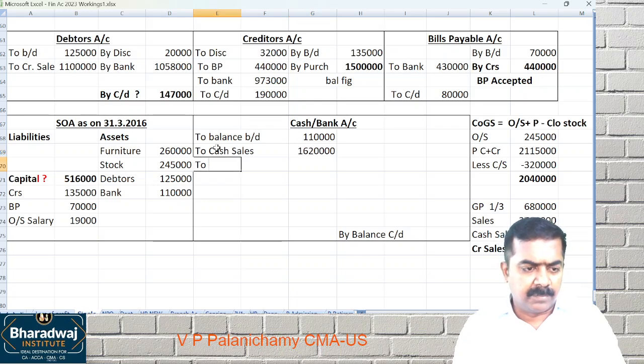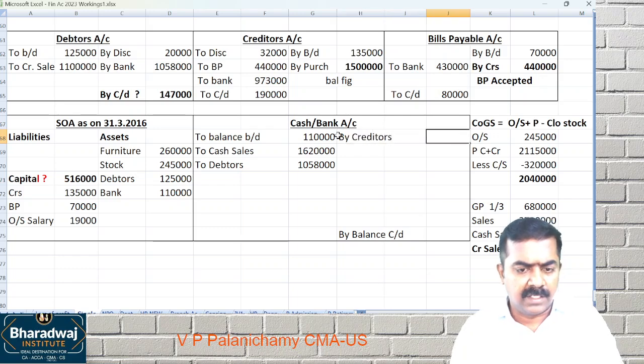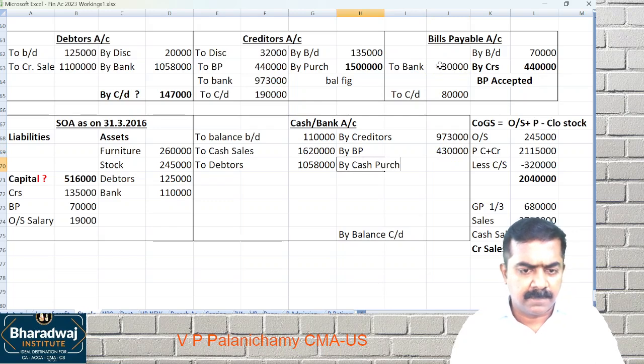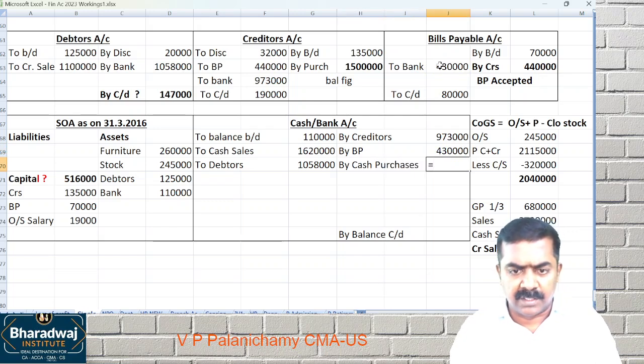From debtors, how much we collected? 10,58,000. To creditors, how much have you paid? 9,73,000. Paid by bills payable 4 lakh. By cash purchases 6,15,000.